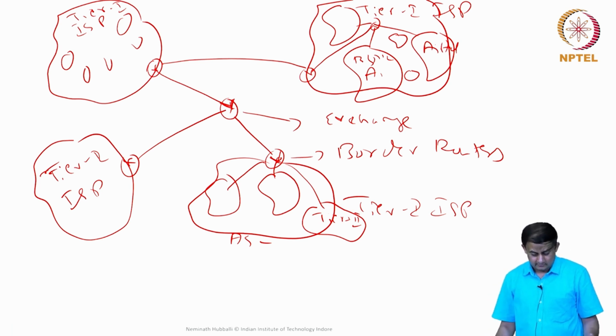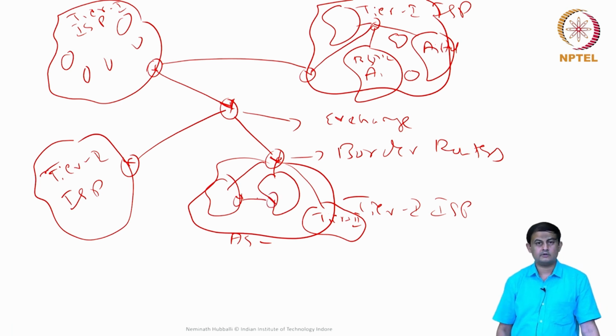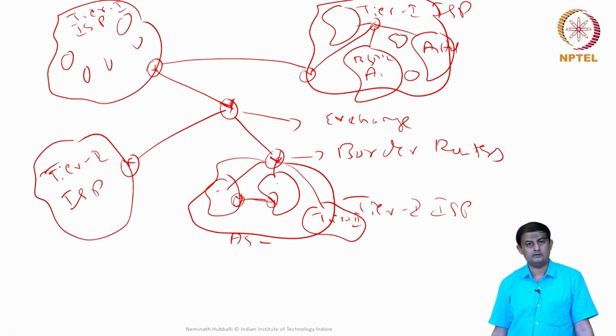The tier 1 ISPs are anyway connected either directly or through some internet exchange point, but sometimes the tier 2 ISPs themselves might decide to connect their own networks and build their own exchange points. If I want to send traffic from a host which is located in this ISP, in the absence of this peering link, I need to go to the higher level ISP and then come back to enter the other network.